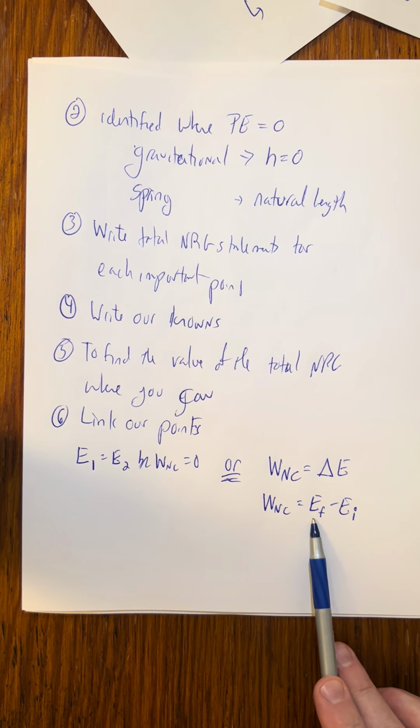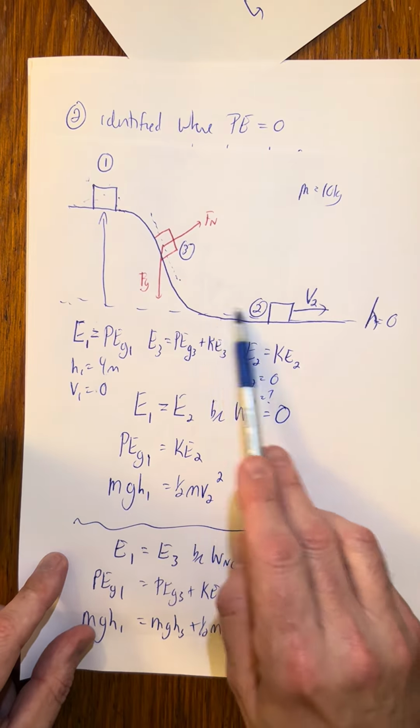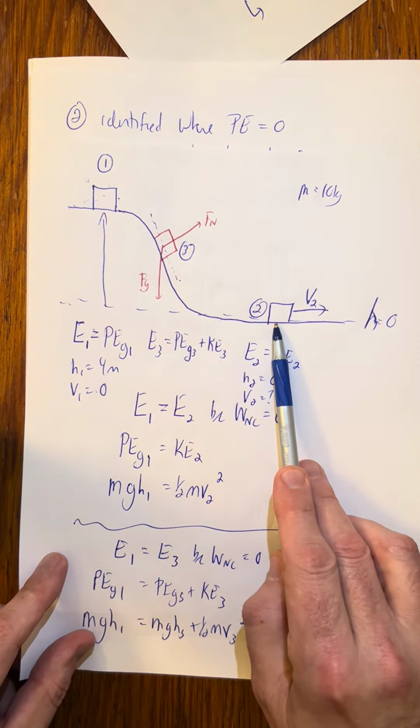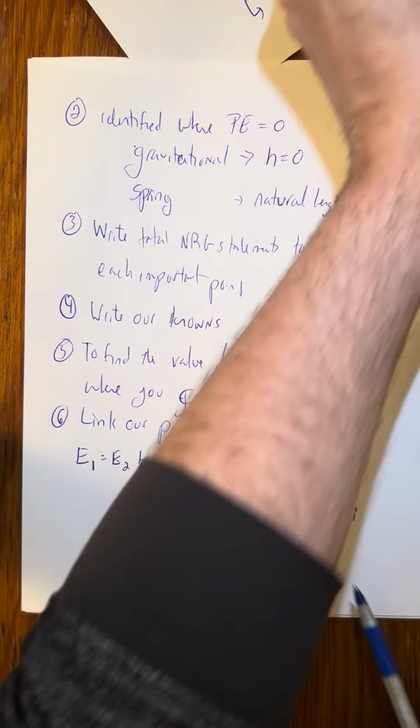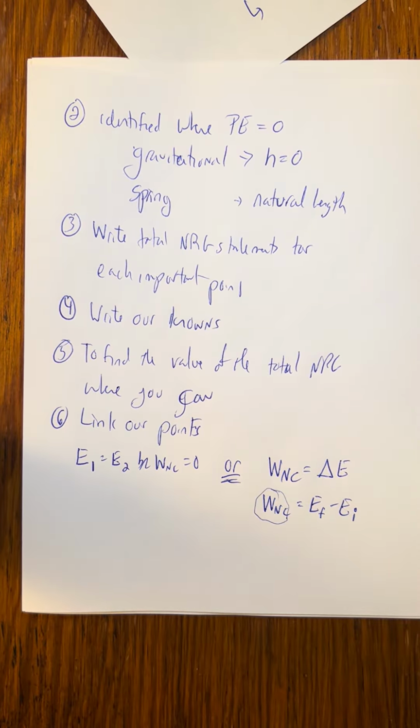If I had, in this case, friction here, I'd have position 2 minus position 1 or something like that. And then what we'd be replacing this with is, what is the force that's doing non-conservative work?